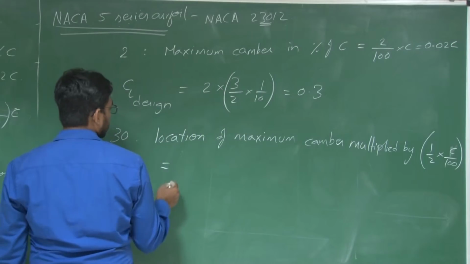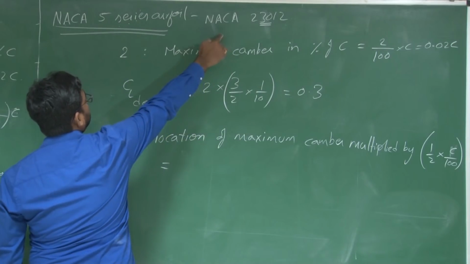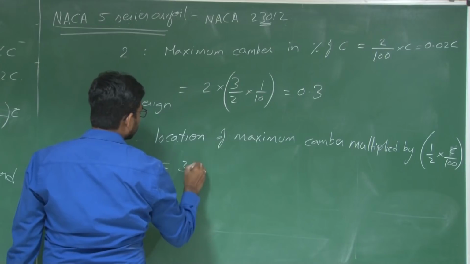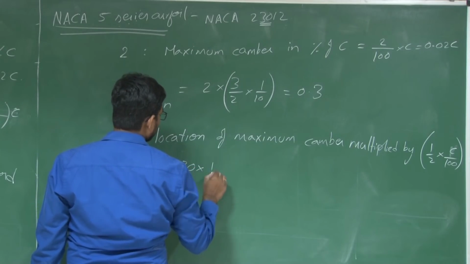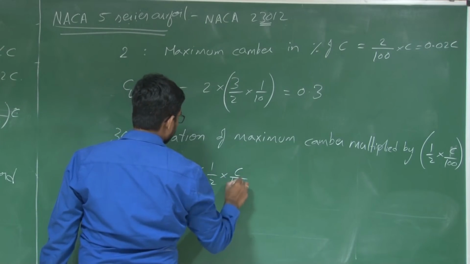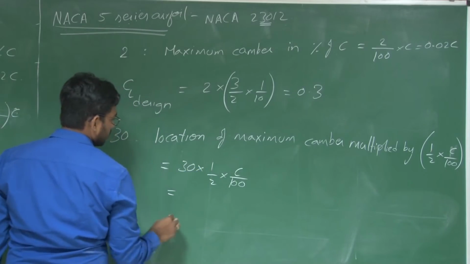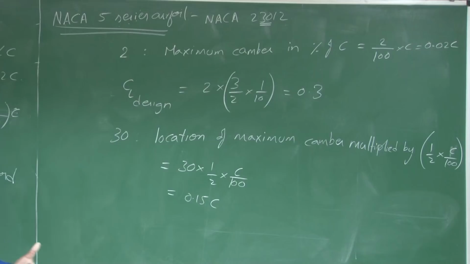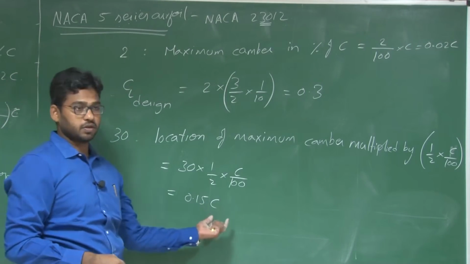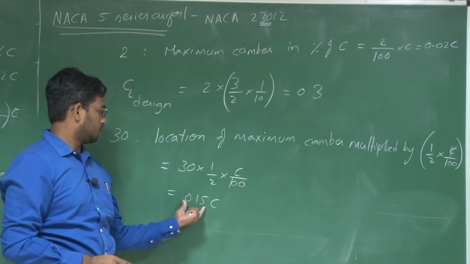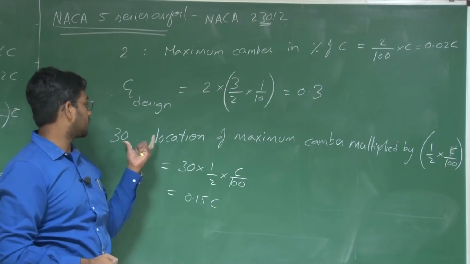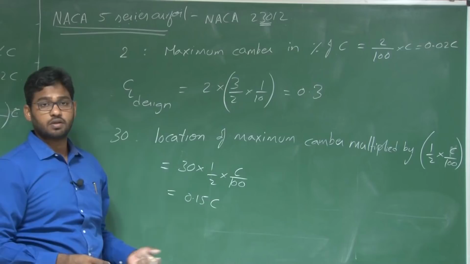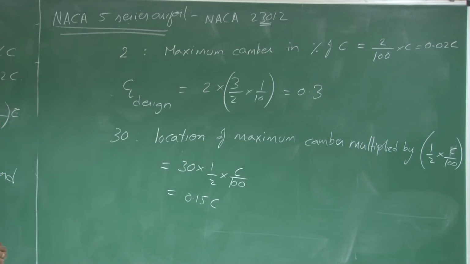So the location of maximum camber for this example is 30 into half, 0.15 C. If you consider chord as 1 meter, that is a 1 meter airfoil, then the maximum camber lies at approximately 15 centimeters from the leading edge, right?